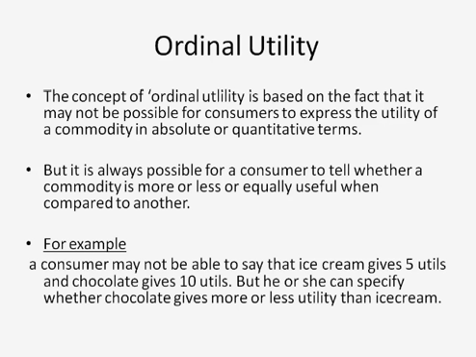Let's start by understanding the concept of ordinal utility. As compared to cardinal utility, where utility was cardinally measurable, which means when I'm consuming a product, I'm able to specify in quantitative terms how much satisfaction I'm getting from consuming that particular product.